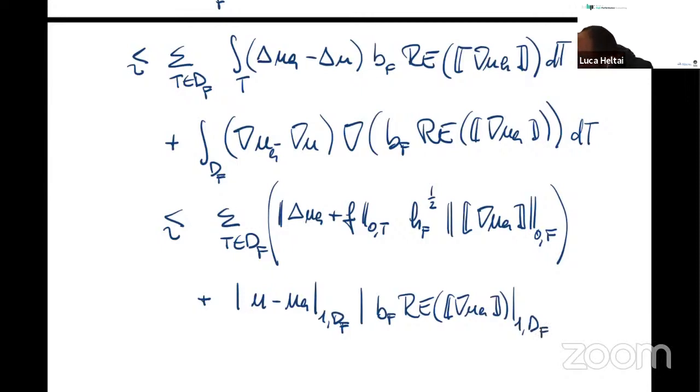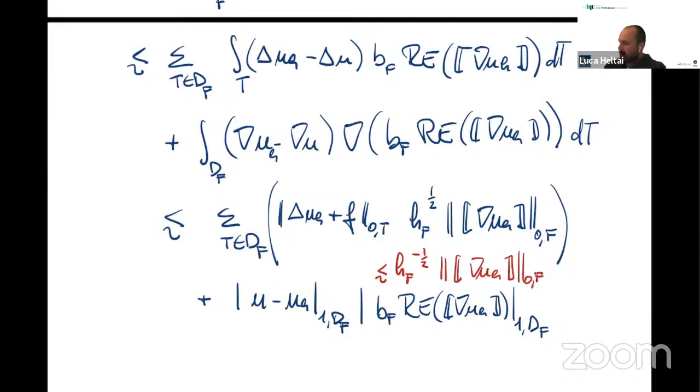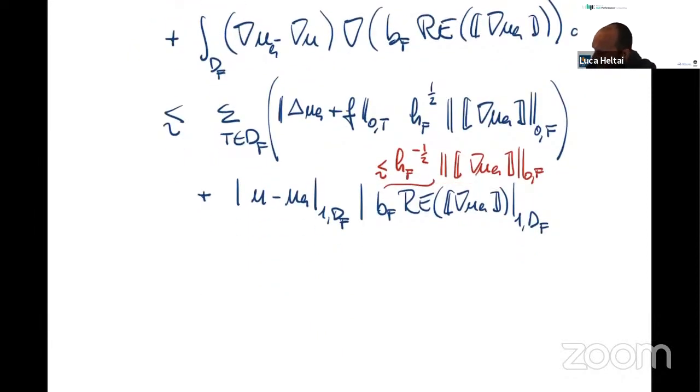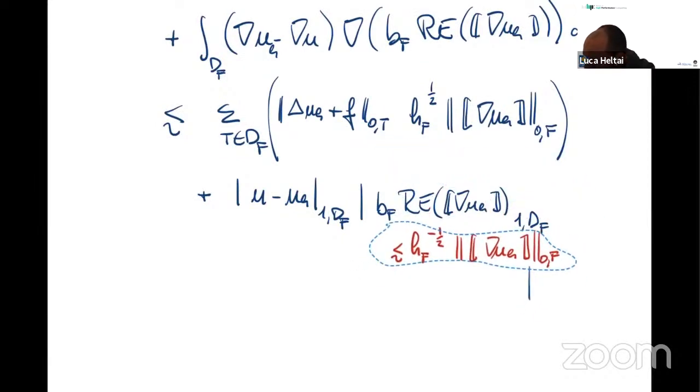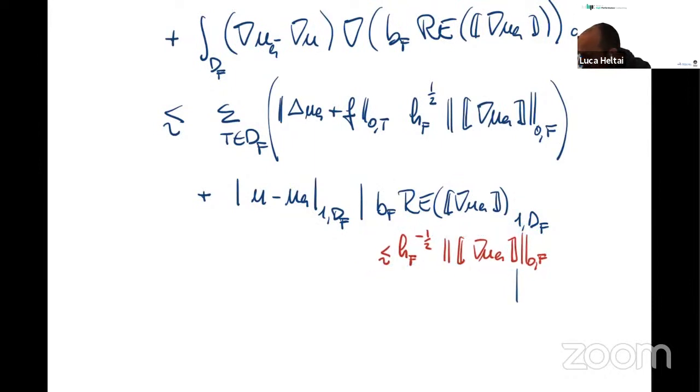And once again, I want to exploit the fact that this is smaller or equal than hf to the power of minus 1/2 this time, the norm of the gradient of uh, 0f. So this part over here is smaller or equal than hf to the power minus 1/2. Let me write it below, because otherwise it's not clear what I am referring to. I think it comes from here.